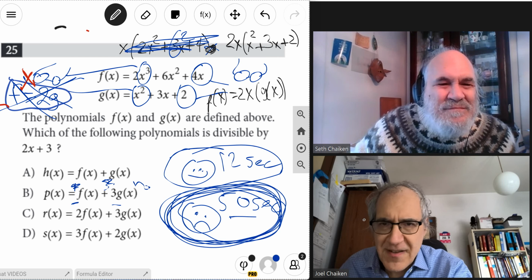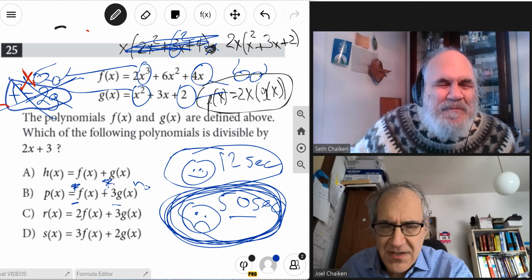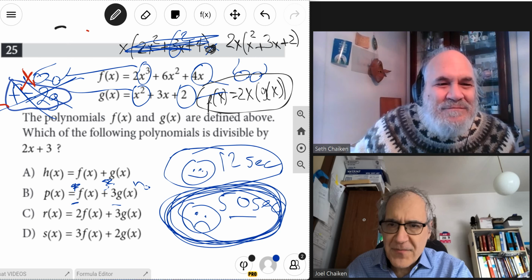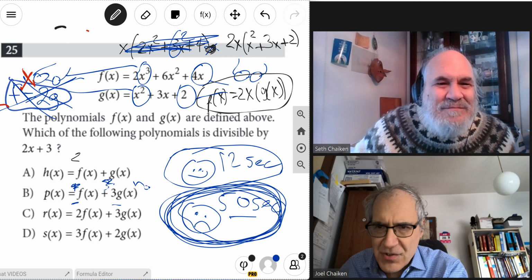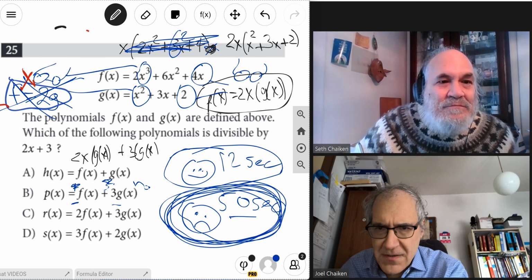If p of x is f of x plus 3g of x, now f of x, you see this is interesting, right? f of x is 2x times g of x plus 3g of x, which means you could factor out the g of x and get 2x plus 3.